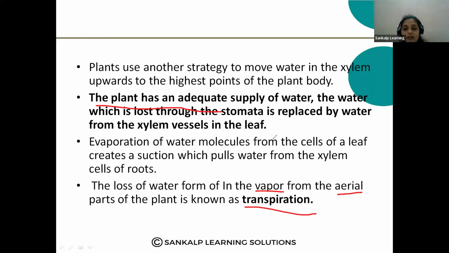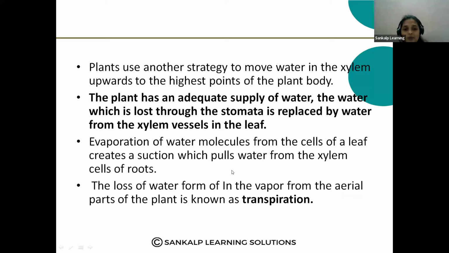Here, the transpiration helps the absorption of water from the soil to the root. This creates one force, a suction force, inside the plant's body. The loss of water, that is the transpiration, creates the suction pressure inside the body of the plant.